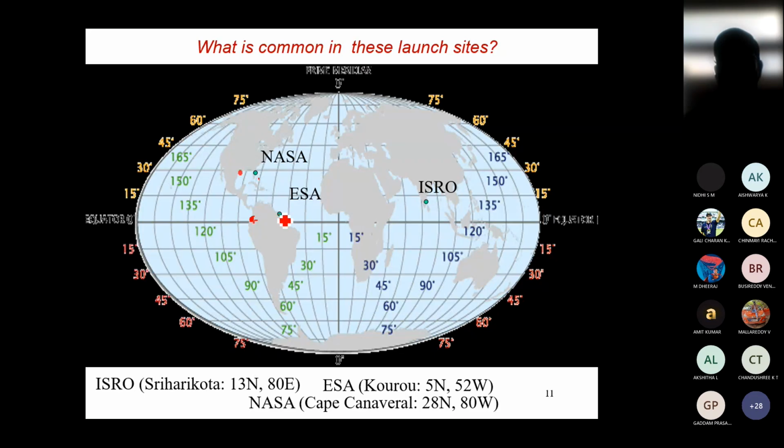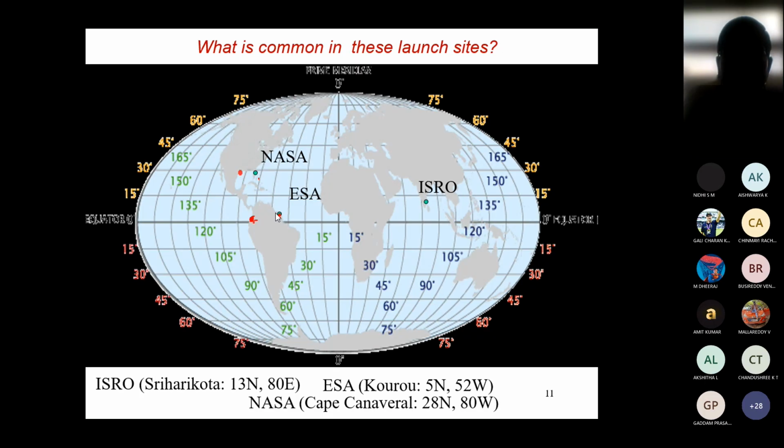So it is better to select this place so that this much fuel will be saved. That is the reason we are selecting the eastern direction of the geographical land. Hope I am clear.